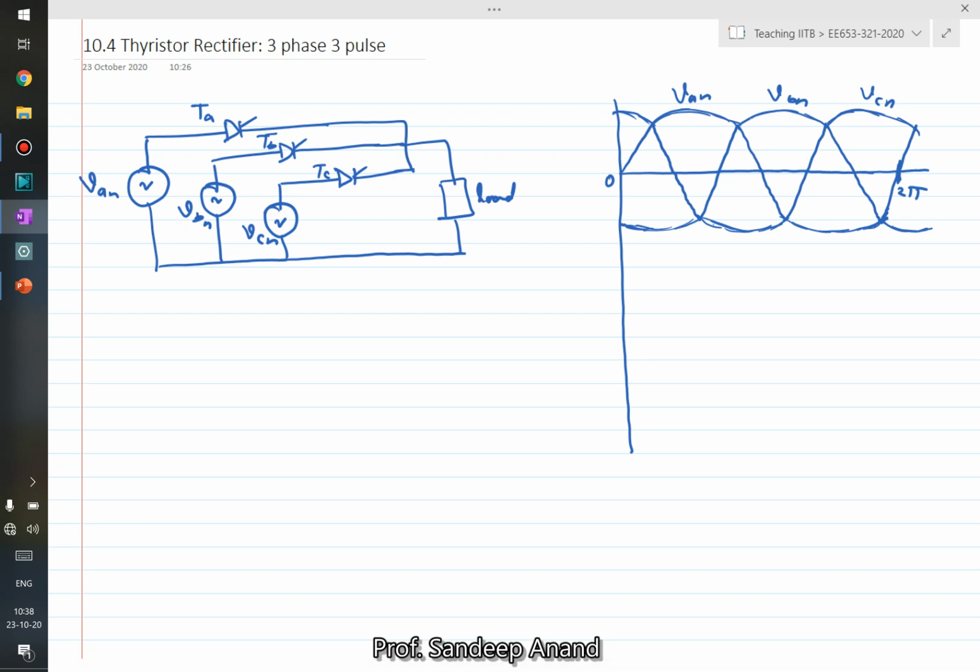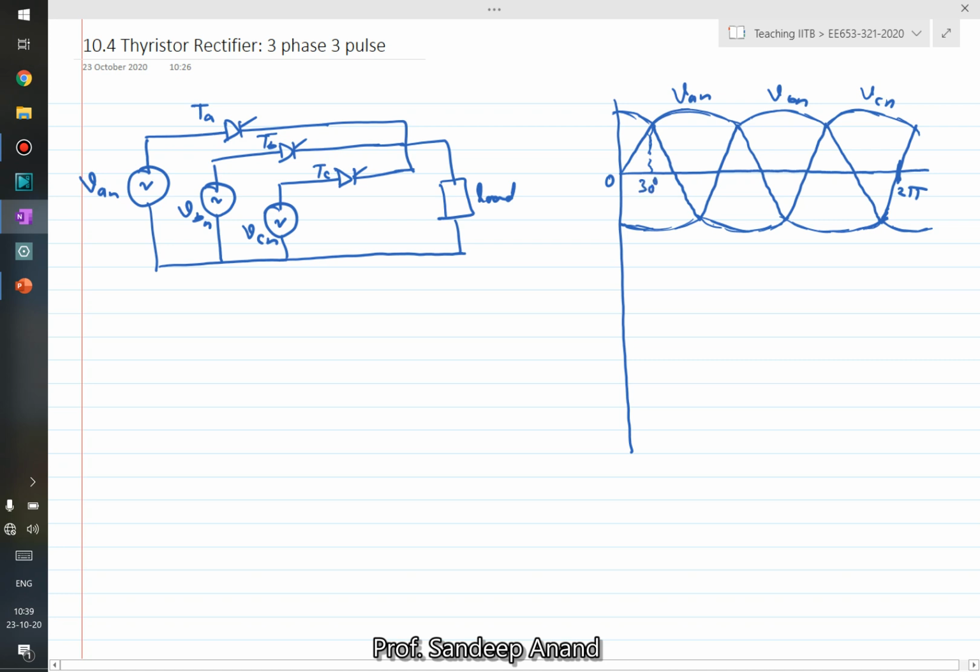Now, if this would have been a diode rectifier instead of a thyristor based rectifier, then you understand that the conduction of A phase, or rather DA, the diode corresponding to A phase, would start at theta equal to 30 degrees, right?